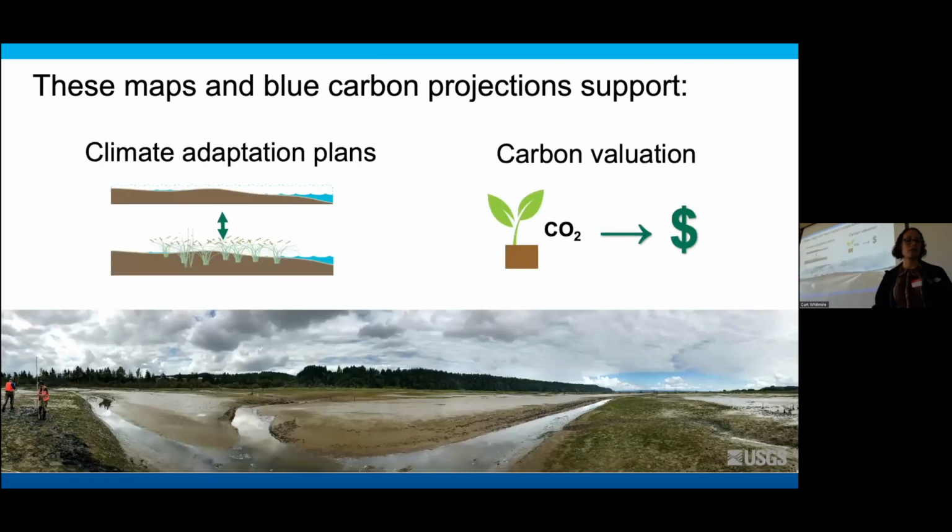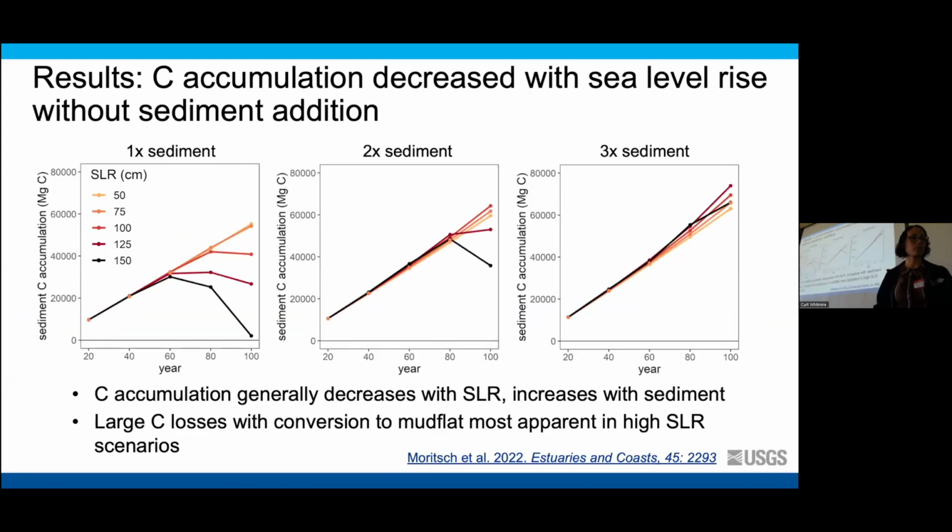And then when sediment is tripled, the total carbon accumulation is up to 30,000 tons beyond that. And then interestingly, we also saw that these lines started to converge, so the amount of sea level rise started to have less of an impact on the total amount of carbon once you got sufficiently high sediment.